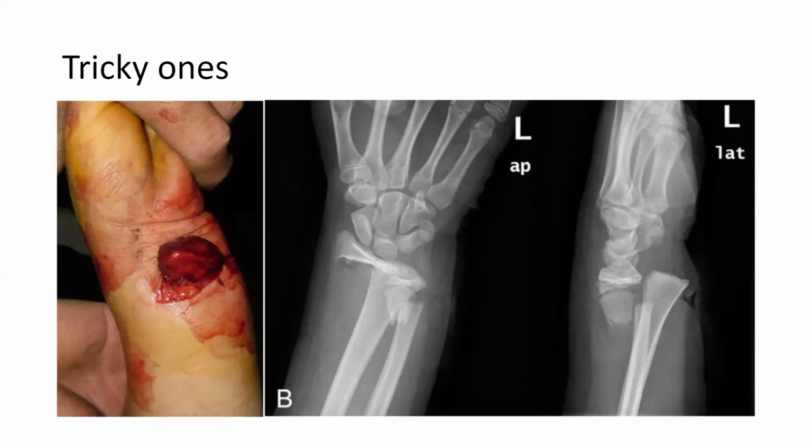So if we don't get this right, and this patient ends up with a malreduction or a complete destruction of their growth plate, then they may end up with an ulna that continues to grow, but a radius that doesn't. So they may end up with a deformity that continues to develop as they continue to grow, because their growth plate at their distal radius may not work at all anymore.